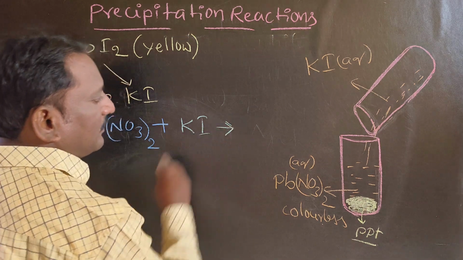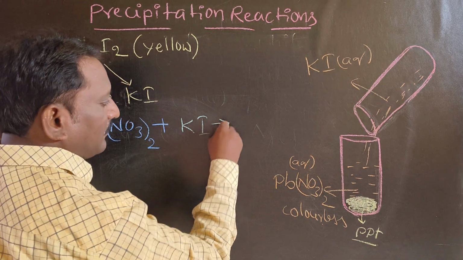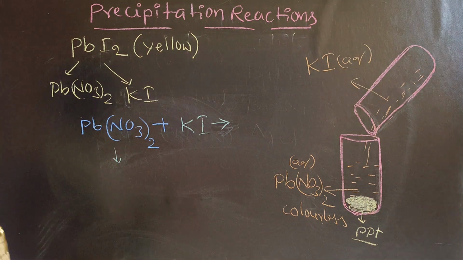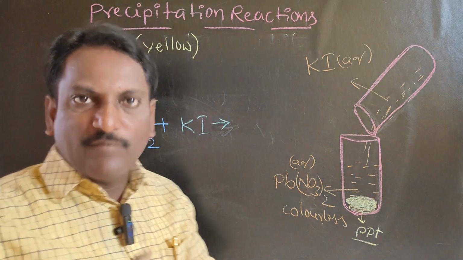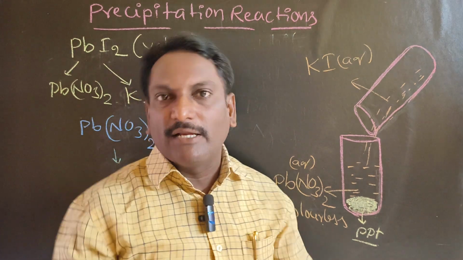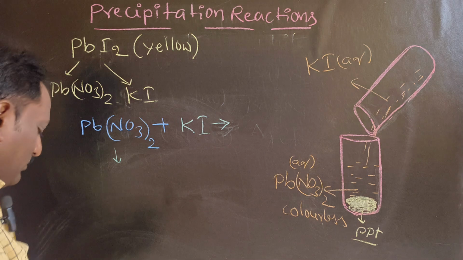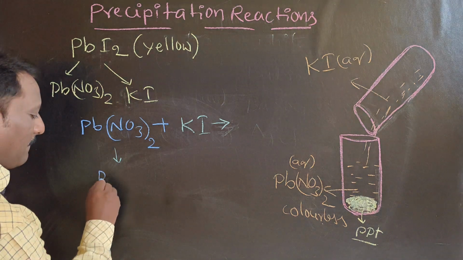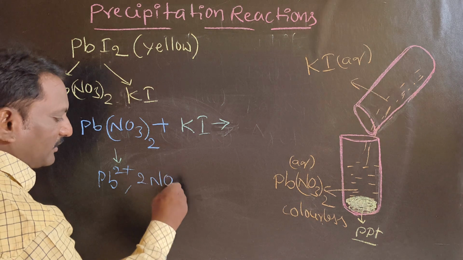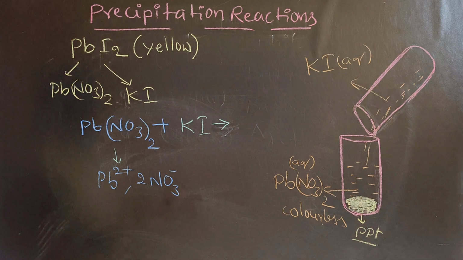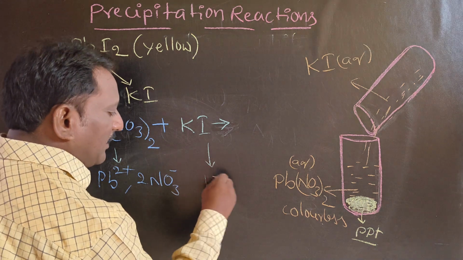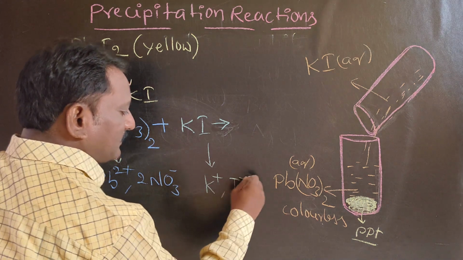Now we have to know the ions present in these compounds, because in double displacement reactions, exchange of ions takes place between the reactants. Lead nitrate splits into Pb2+ and two nitrate ions. Please remember that. Potassium iodide splits into K+ and I-.